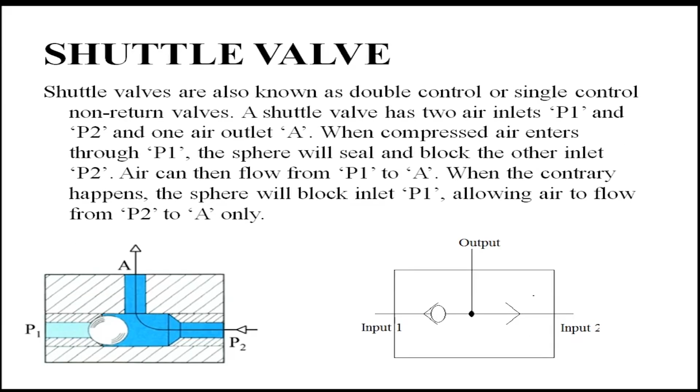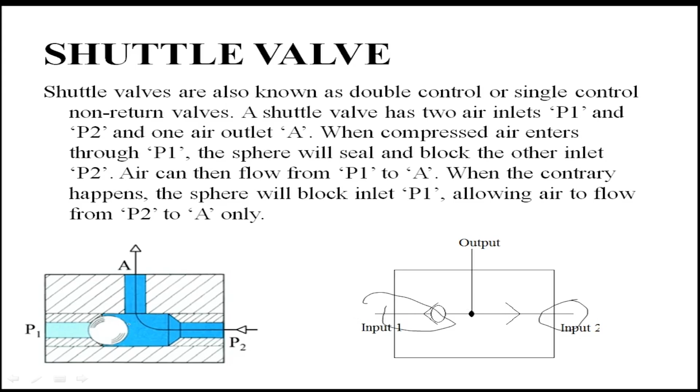Next, another valve we are having, that is a shuttle valve. So shuttle valve is also known as double control valve or single control non-return valve, because it will be acting like an OR gate. So here you can see there are two inputs, that is input 1 and input 2. So if you create a pressure in input 1, you will get an output here, or you can create a pressure in input 2 also, you will get an output.